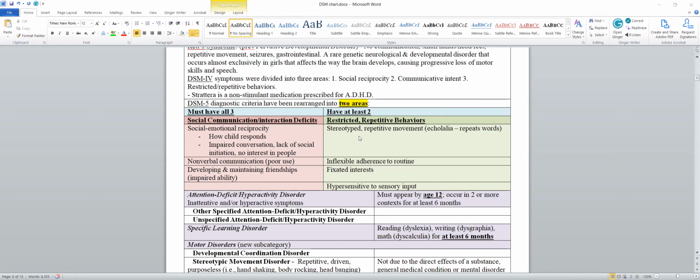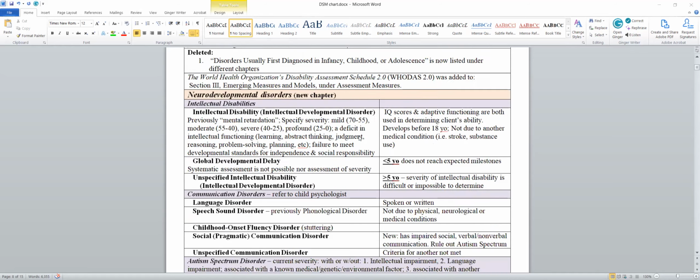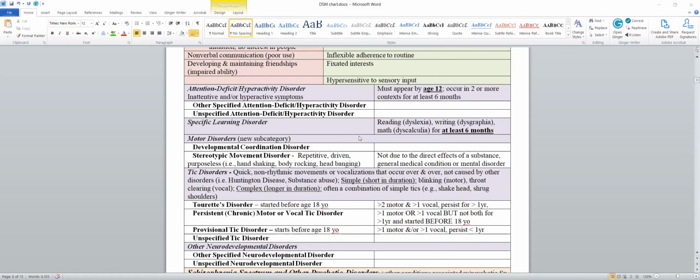Moving on to the next subcategory under neurodevelopmental disorders, which is a new chapter, is attention deficit hyperactivity disorder.